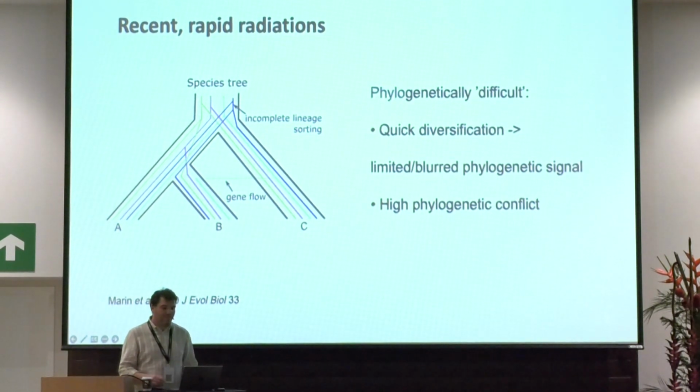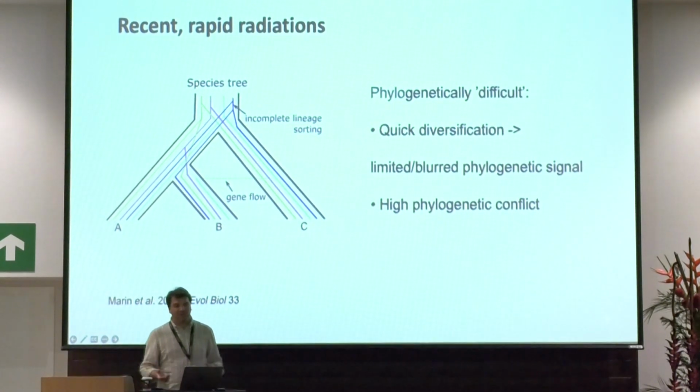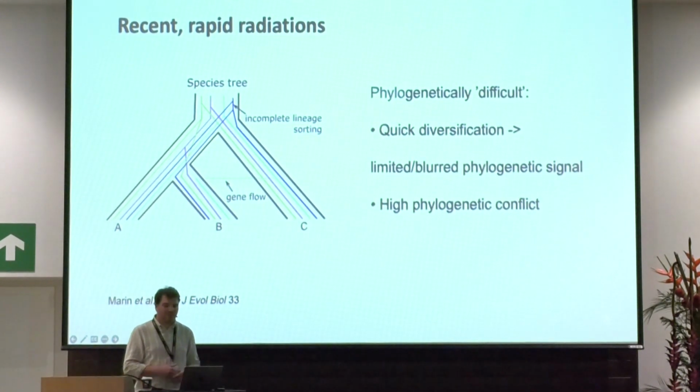You have marked incomplete lineage sorting around the genome, and very likely a high level of phylogenetic conflict between different regions of the genome. In addition, reproductive isolation often evolves slower than the speciation rate, right? And therefore, gene flow is still possible, and it's often found in such radiations, and this could make the situation even worse.